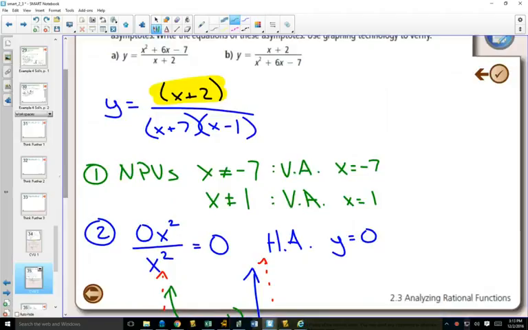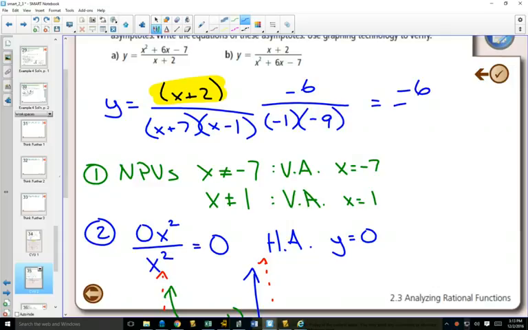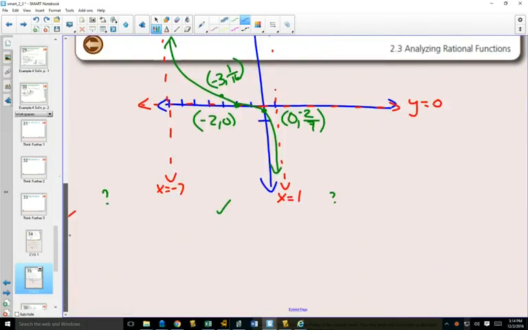If I plug in -8 on the top, you see I get -6 over -1 times -9, which comes out to -6 over 9. Quickly scroll down, and we can label this point.